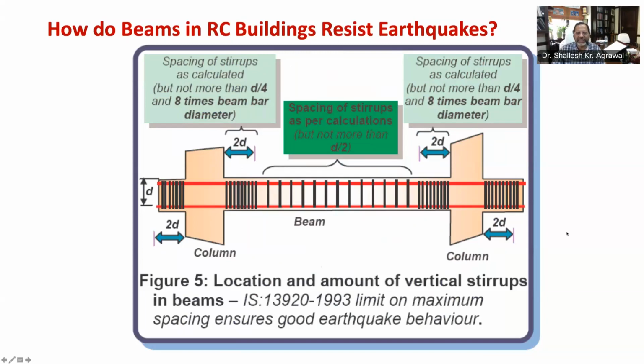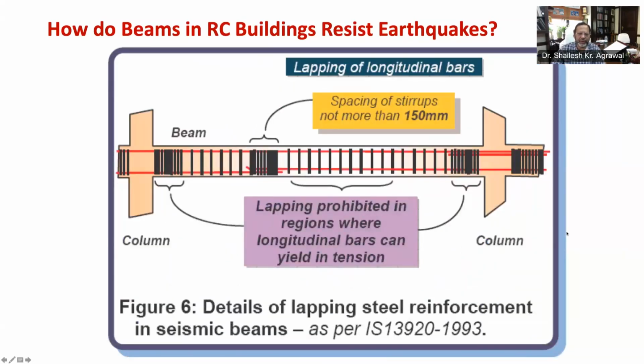Now let's discuss lapping of reinforcement through figure 6. Steel reinforcement bars are normally available in lengths of 12 to 14 meters. Thus, it becomes necessary to overlap bars when beams of longer lengths are to be constructed. Remember, at the location of a lap, the bar transfers larger forces from one to another.